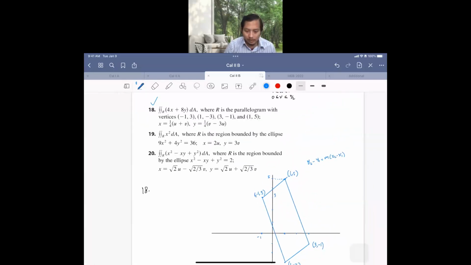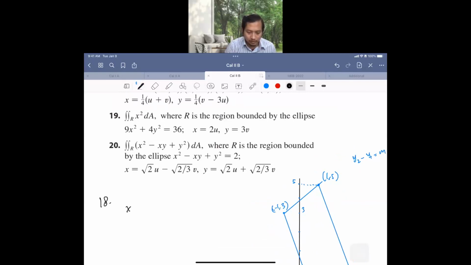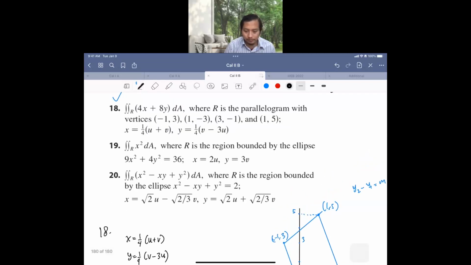Let me write, x is 1 over 4 u plus v, and y is 1 over 4 v minus 3u.